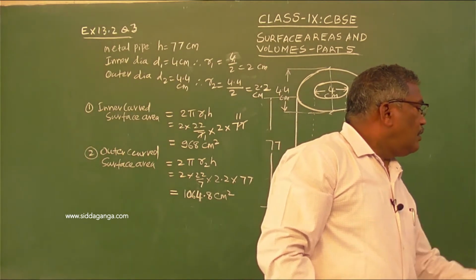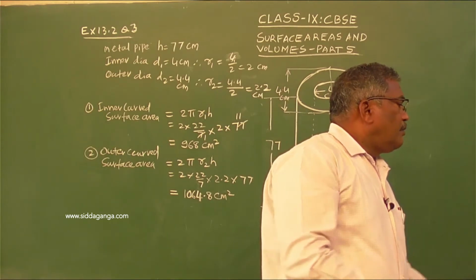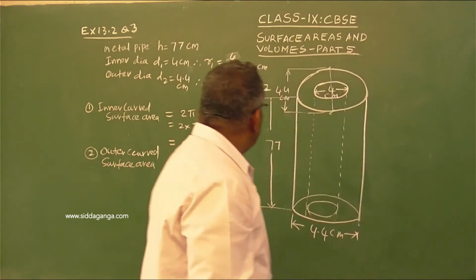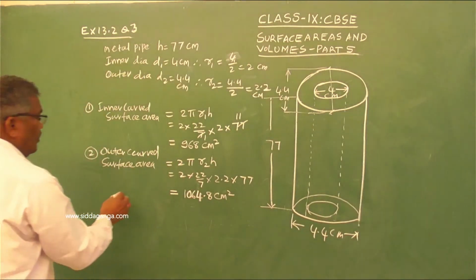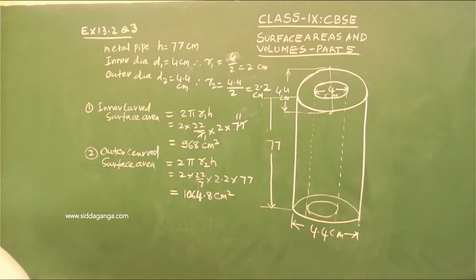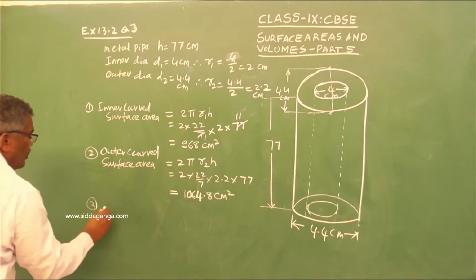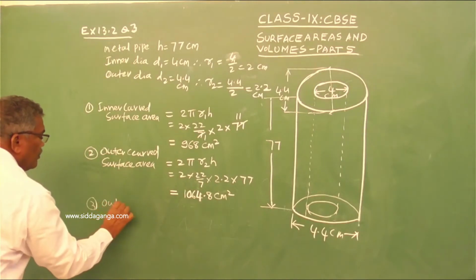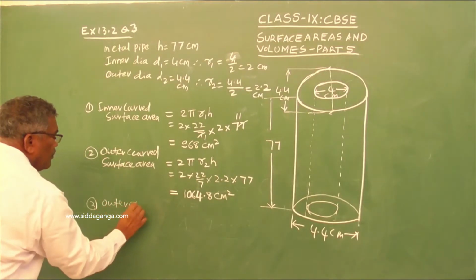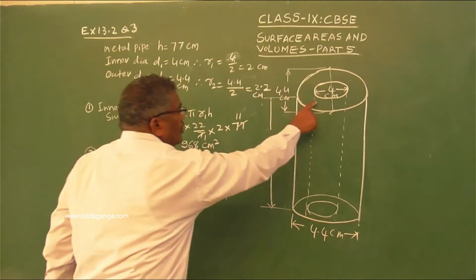Now the third one, outer area of 2 circles.